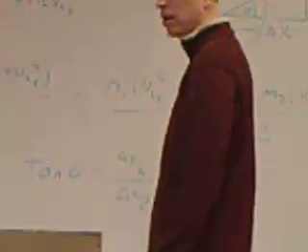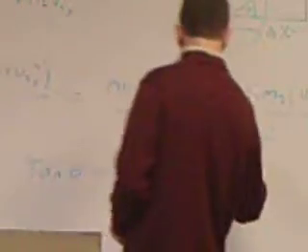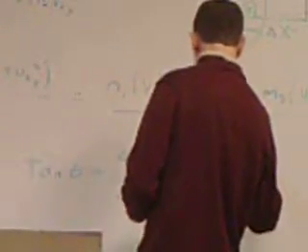So v2y minus u2y? Yes, indeed. That would be the change in the y velocity. So the top part of this is going to be v2y minus u2y. This is what it was after. This is what it was before.